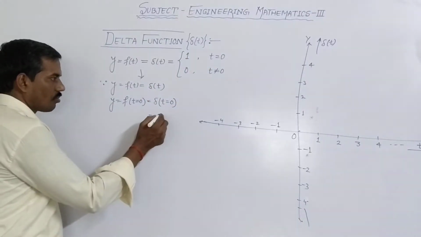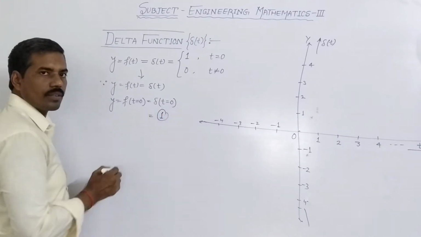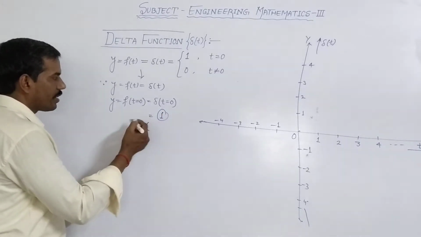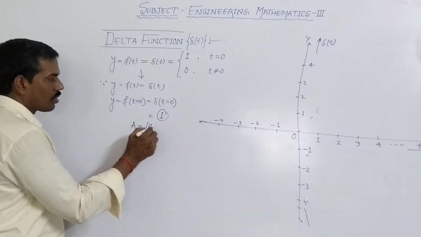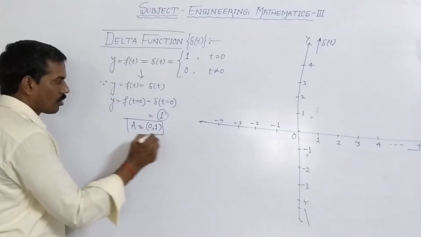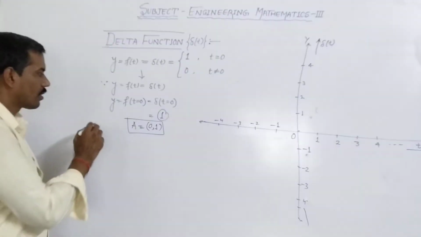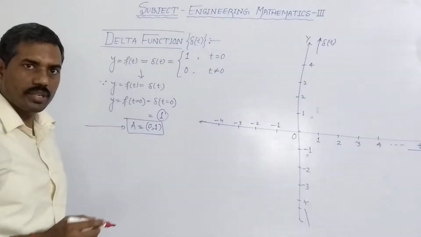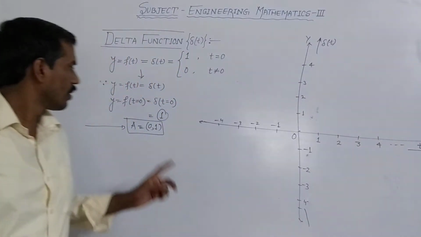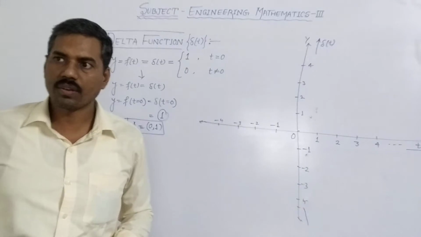So we get 1. Let that point be A. So A is t equal to 0, y equal to 1. We get A as (0, 1). In this way we get the first point, whose coordinates are 0 and 1.